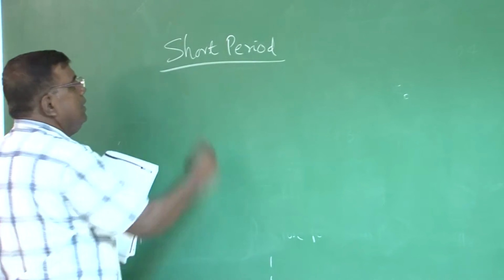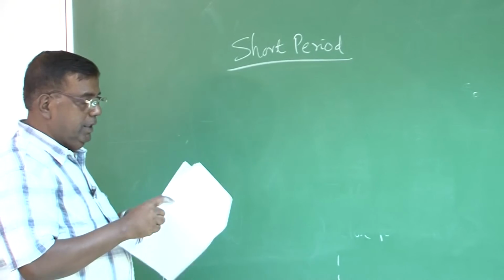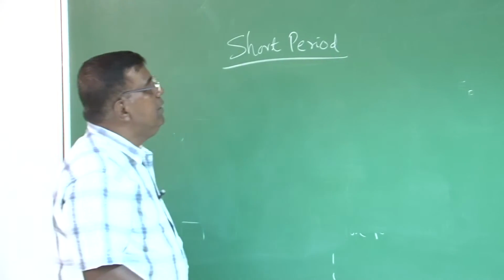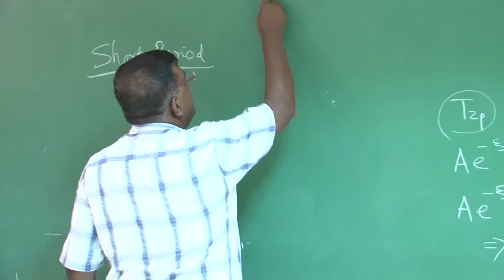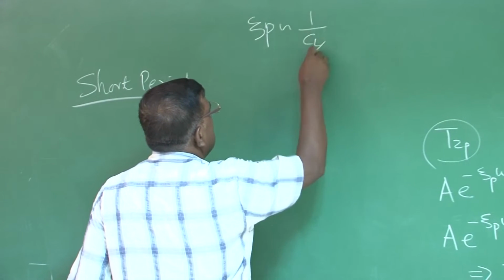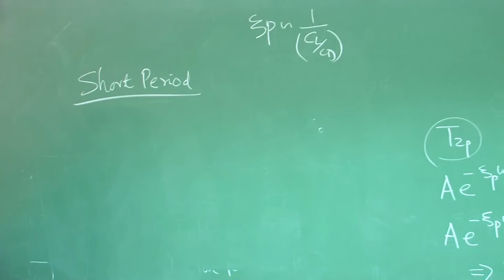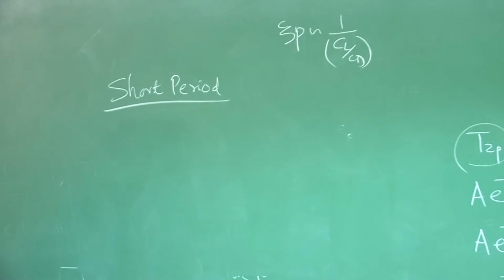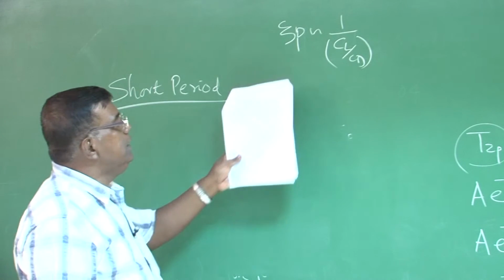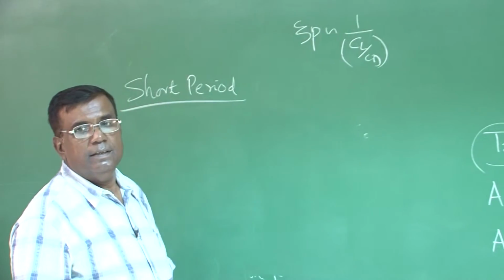Mostly you find the SAS is used for short period. Before I come to short period requirement, please remember phugoid damping for a glide phase goes inversely with CL by CD, right? So if you want to increase the phugoid damping, the best way is to decrease CL by CD, right?